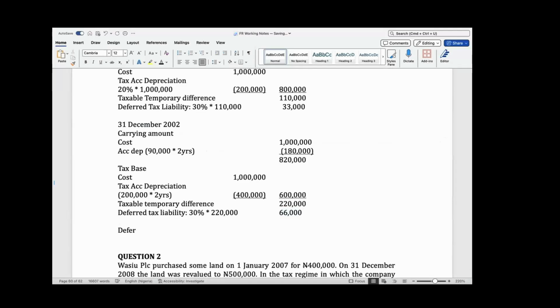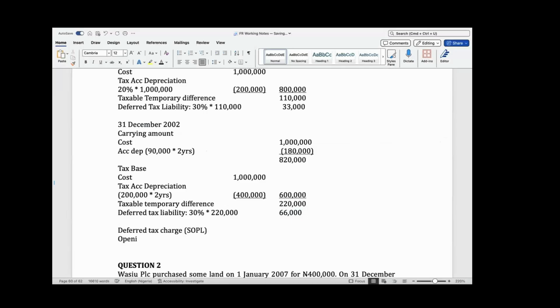But the deferred tax charge in P&L that goes to SOPL is the opening deferred tax liability, which is 33,000.